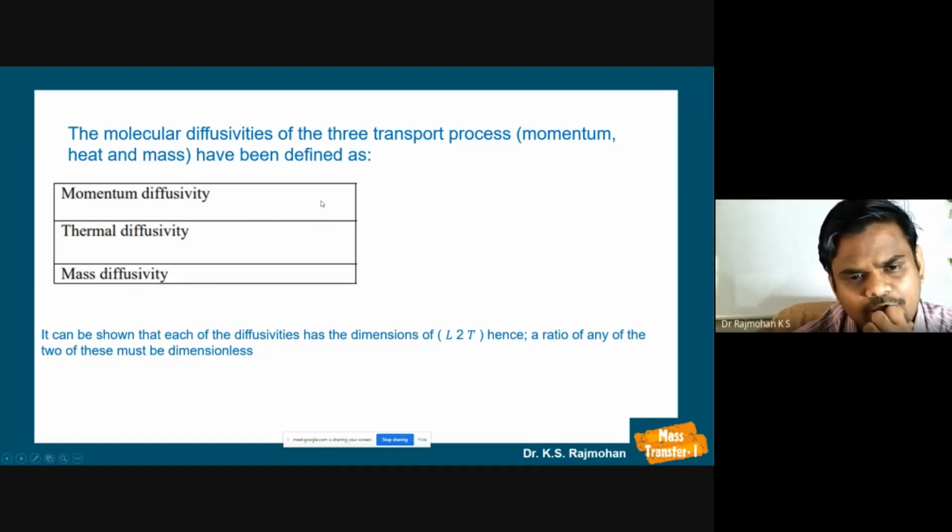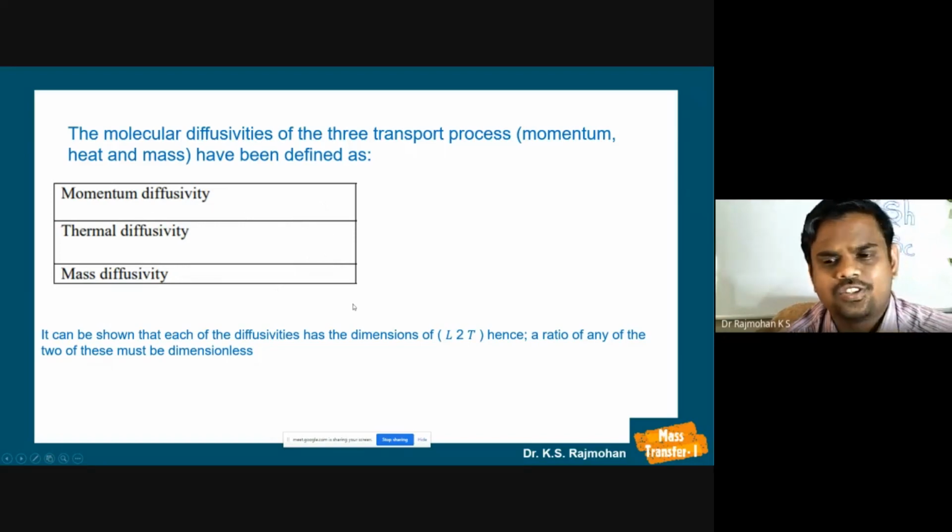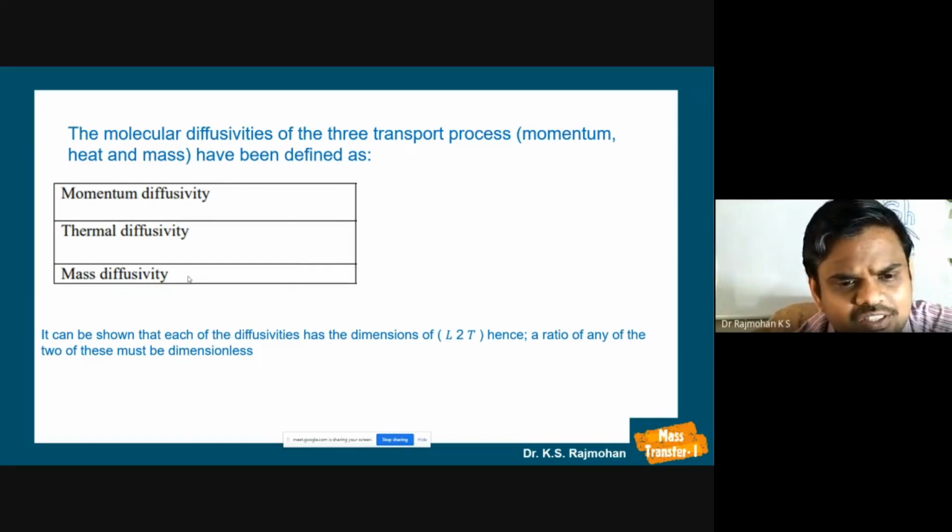Okay, so it can be easily shown that all the three diffusivities will have the unit of L square T minus 1, that is meter square per second unit, in SI unit system. So if you take any ratio between two diffusivities, what we get is a dimensionless number.